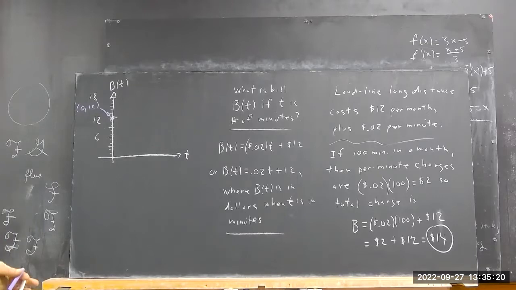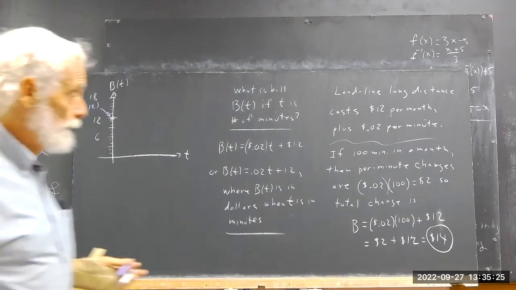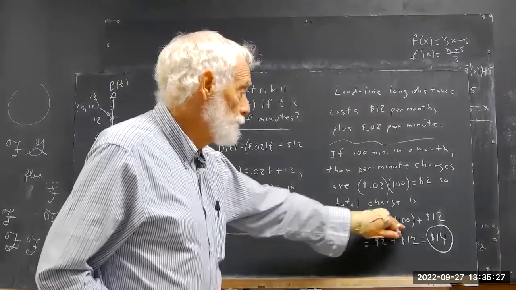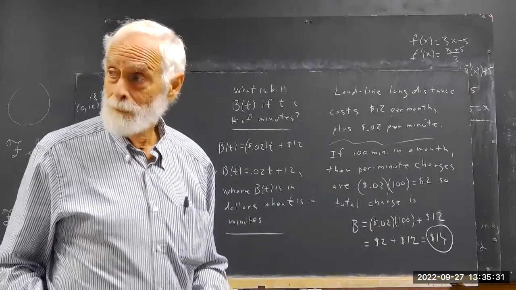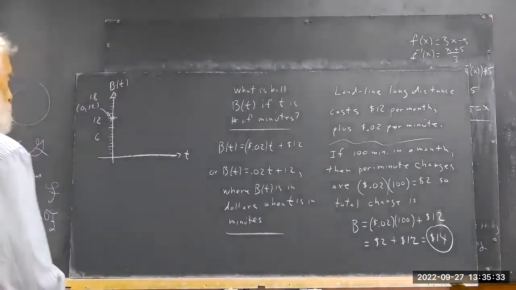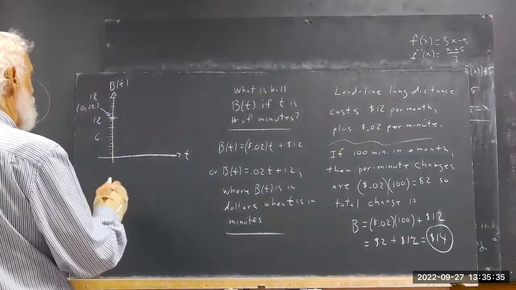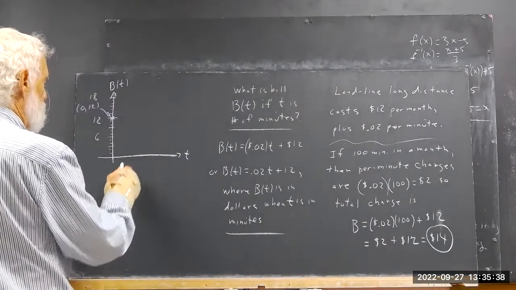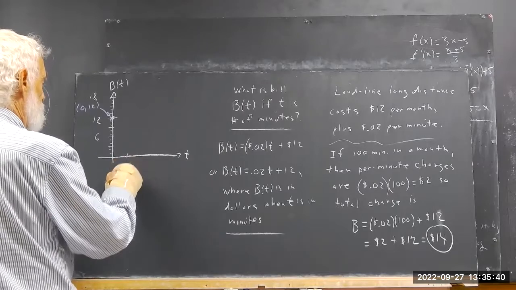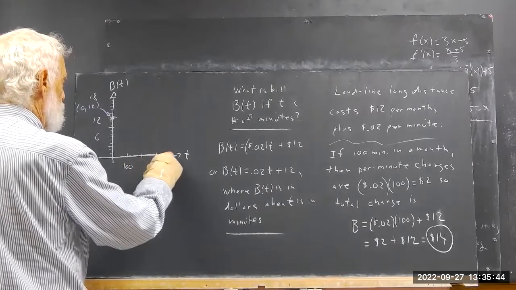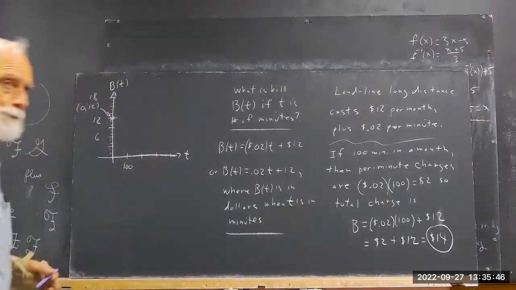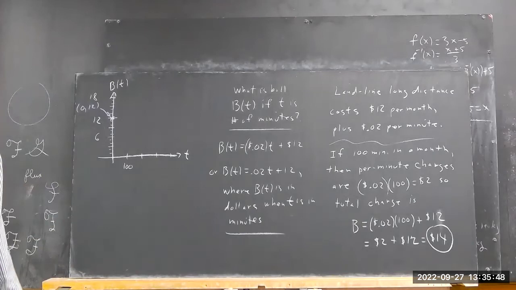So what other information do I have? Well, I know that B of 100 is 14. So where am I going to put 100? I'm going to put 100 about there. So that'd be 200, 300, 400. Maybe if you talk more than 400 minutes, they start giving you a discount or something. I encourage you to talk more.